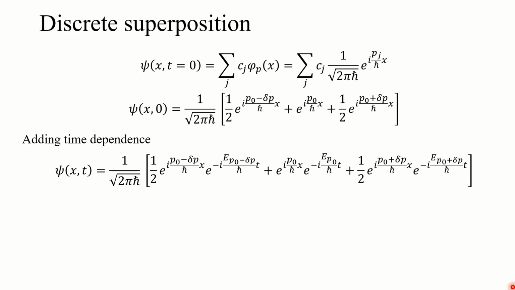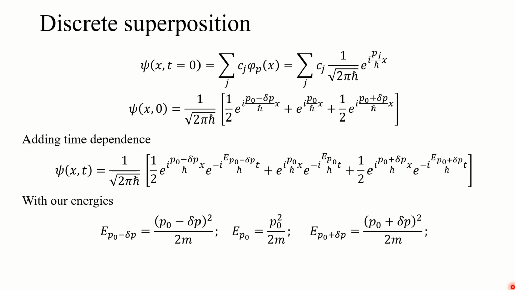If we want to add the time dependence, we simply add these three energy-dependent phase factors like we did in our previous studies of time dependence, right? And we know the energies of these eigenfunctions. If you recall, the energy of a momentum eigenfunction for our free particle is just the momentum eigenvalue squared over 2m.